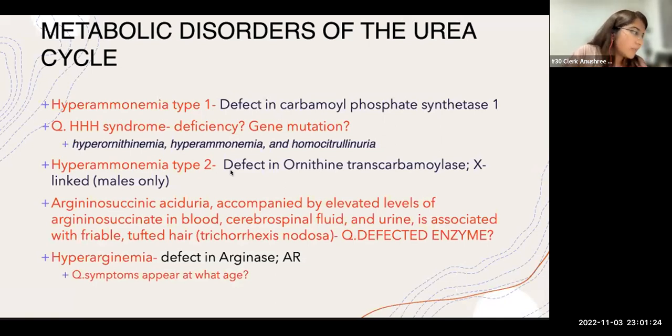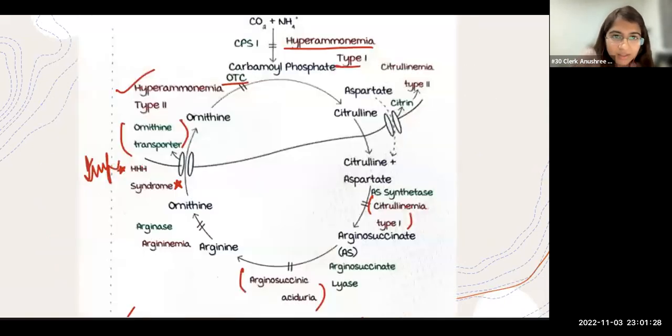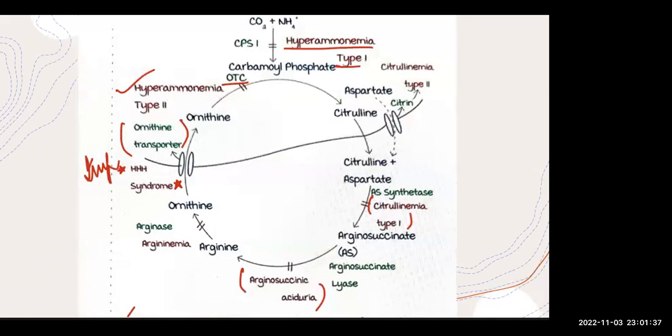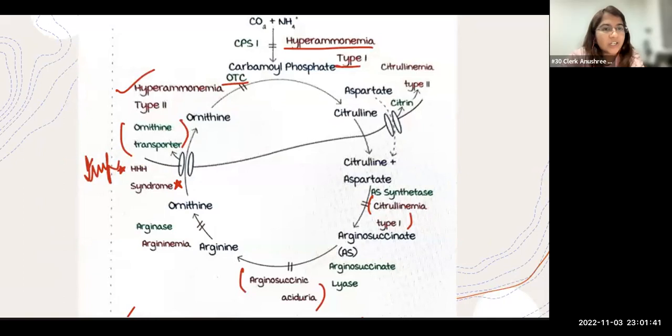Next, why does it cause hyperammonemia? I'm opening the image for you so that you can explain if you want. Since there is no ornithine, there is no formation of carbamyl phosphate. No, carbamyl phosphate is anyway forming. But I told you, the first two steps are the most toxic ones, right?